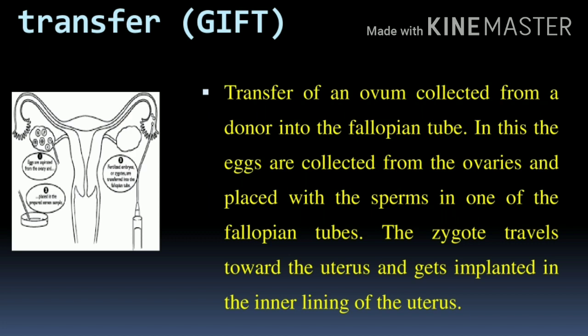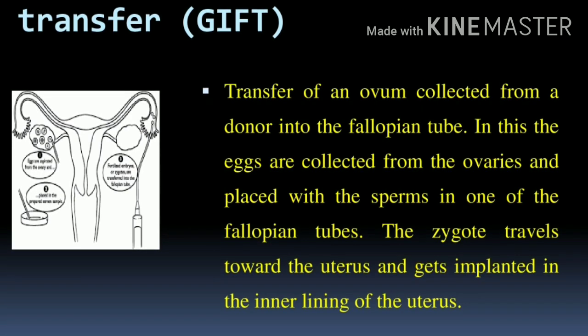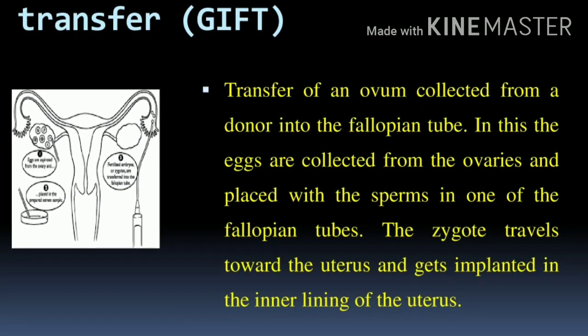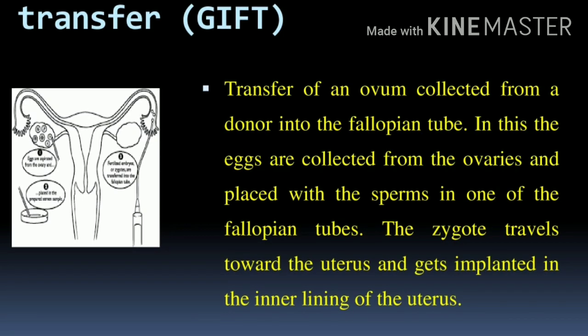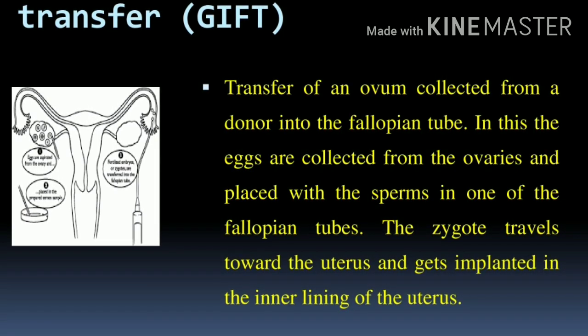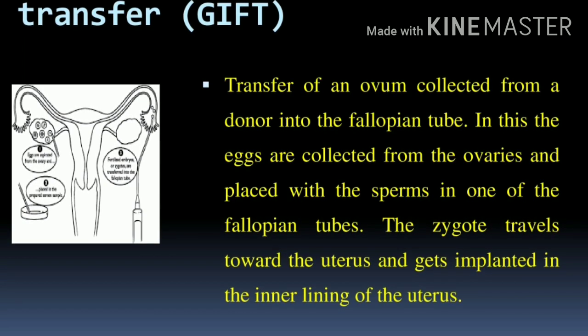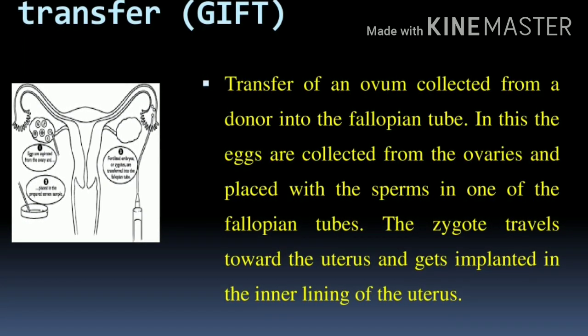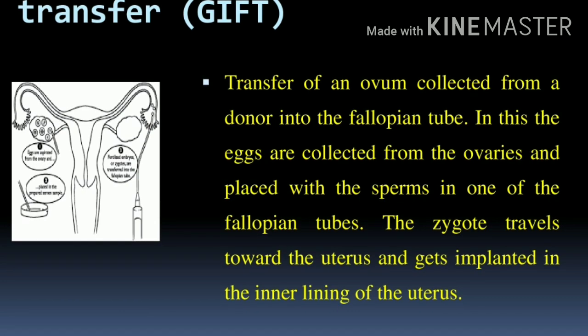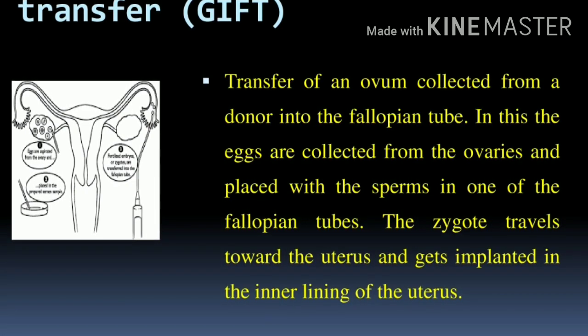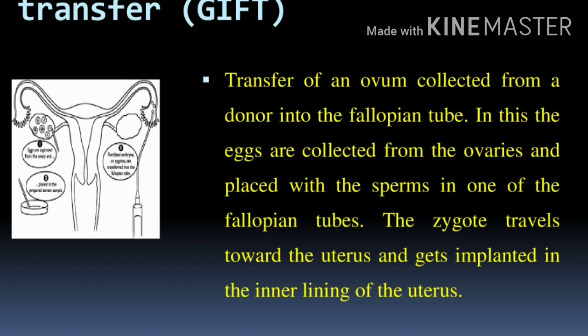What is the difference between GIFT and ZIFT? That is an important 2-mark question. What is ZIFT? Zygote intrafallopian transfer. What is GIFT? Gamete intrafallopian transfer. In ZIFT, we transfer the 8 blastomere stage of a zygote into the fallopian tube by laparoscopy.